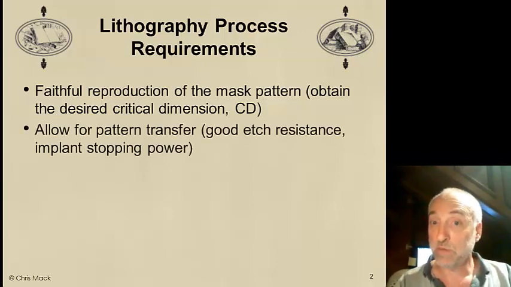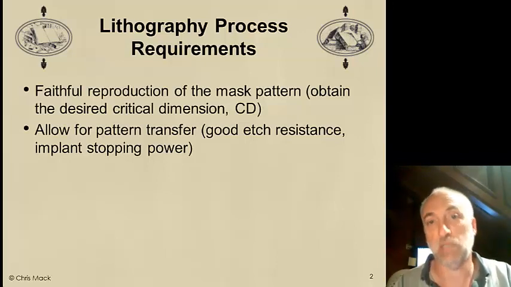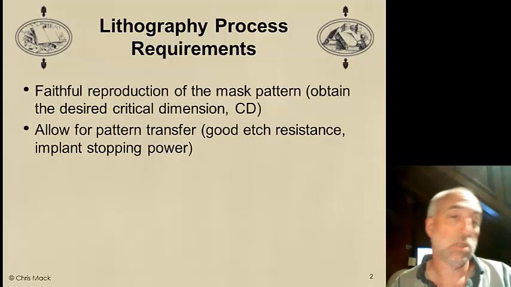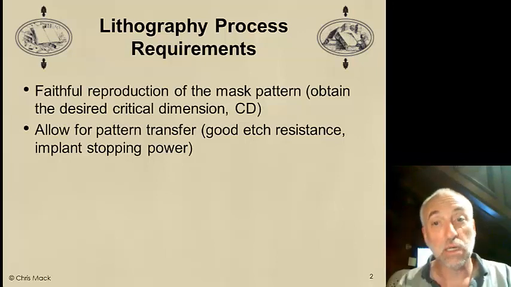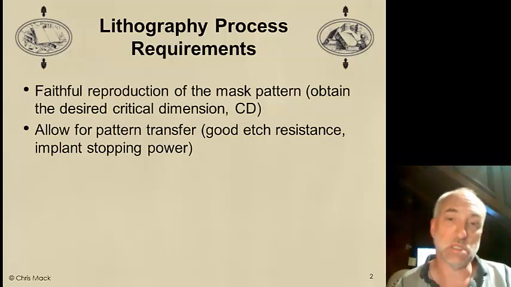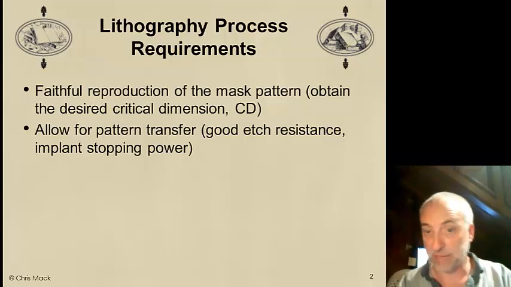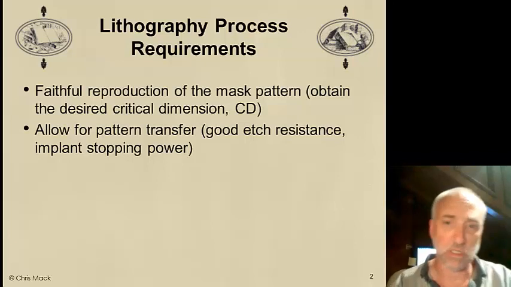But once we form these patterns, we have to use them, and the way we use them is in a pattern transfer process. Mostly they're used for etch. So the photoresist becomes a mask for the etch pattern transfer process. So we need good etch resistance. We need a photoresist that etches very slowly in the chemistries that we want to use. We want good selectivity of the etching of the film compared to the photoresist.